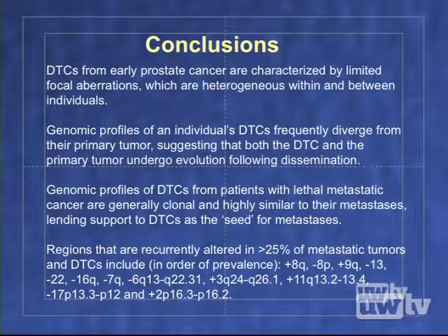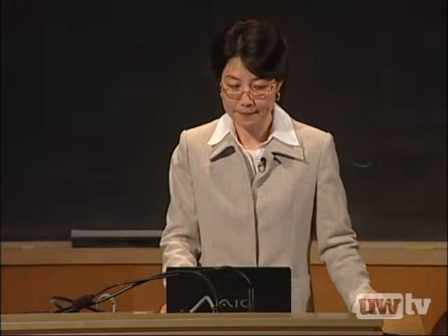We think the genomic profiles of DTCs from patients with lethal metastatic cancer are generally clonal and highly similar to their metastasis, further lending support to the model that DTC serves as seed for metastasis. We also identified regions of recurrent abnormalities in these metastatic tumors and the DTCs.